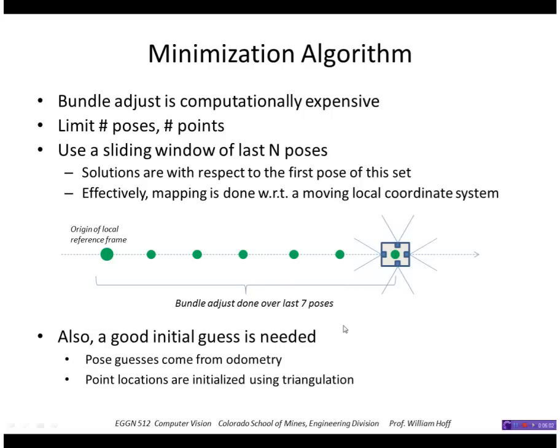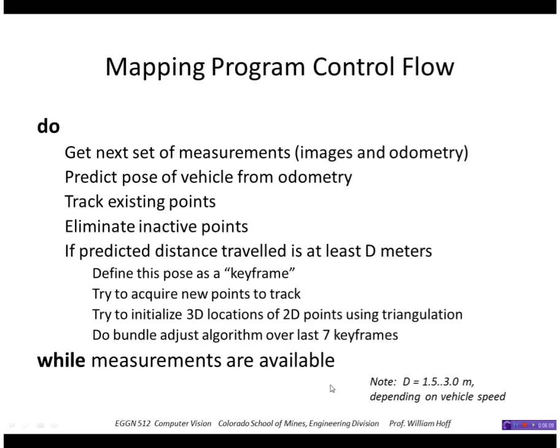The pose guesses can come from odometry. The point guesses can come from triangulation. This is the pseudocode for the overall algorithm flow. It basically just runs through this while we have new data. It only runs the bundle adjustment if we're at a keyframe, which occurs every 1.5 to 3 meters.